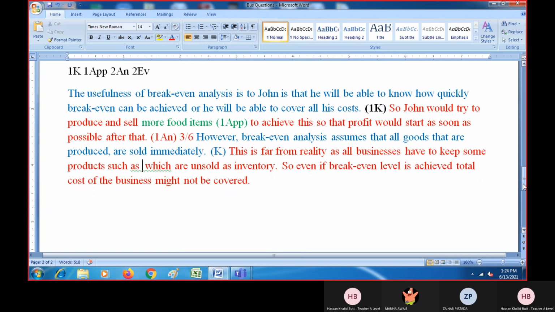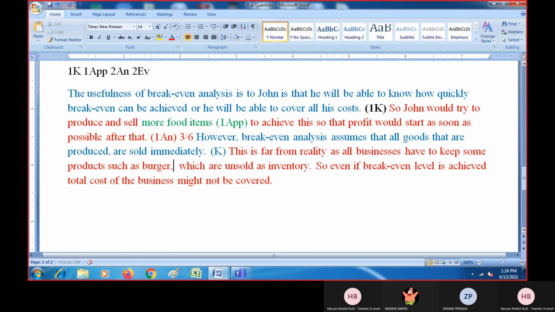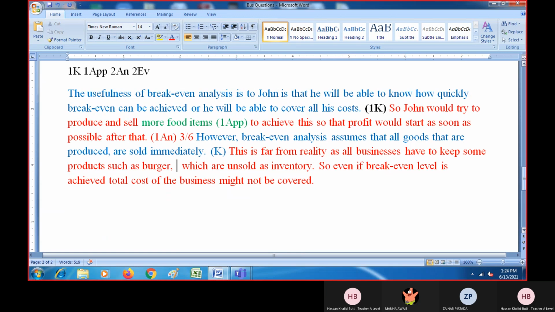So we can say such as a burger, or what else? Can you tell me, can you name any fast food item? So it can be nuggets, or yes, fries, or anything.